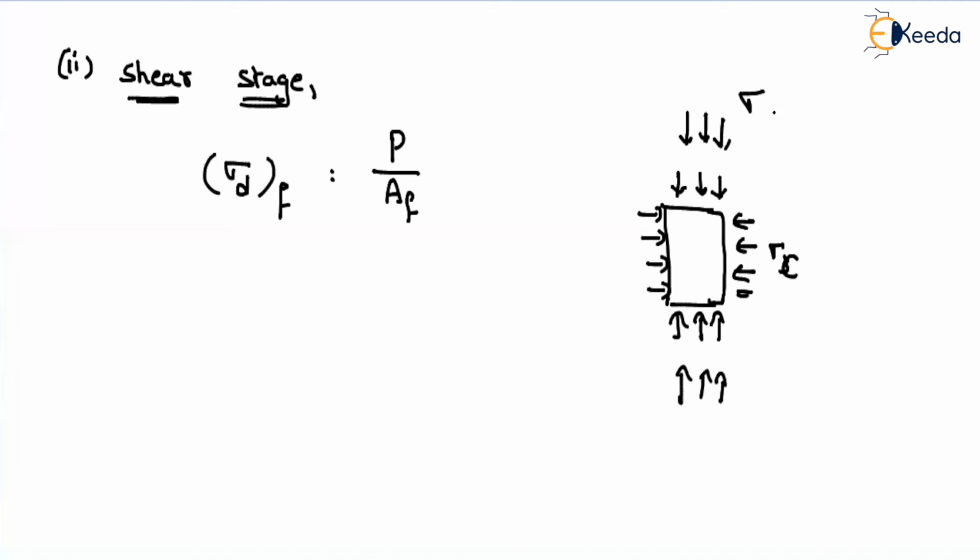In this state the soil is going to failure, that's why I'm going with sigma d subscript f. And let us say that along the third dimension we have the intermediate stress. So what about the major stress at failure? The major stress at failure is nothing but, in this case, the confining pressure plus the deviator stress. So here we can write the deviator stress at the time of failure plus sigma 3, that is also nothing but the confining pressure, right?